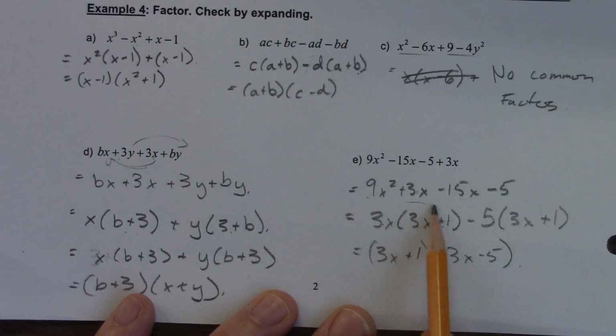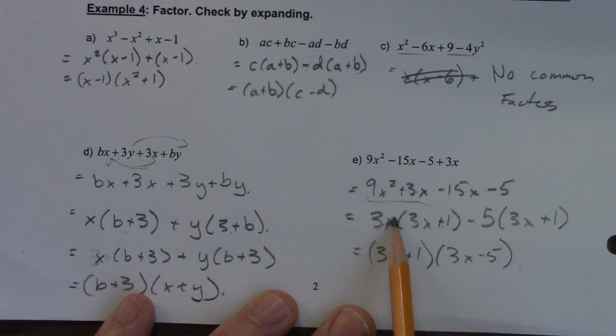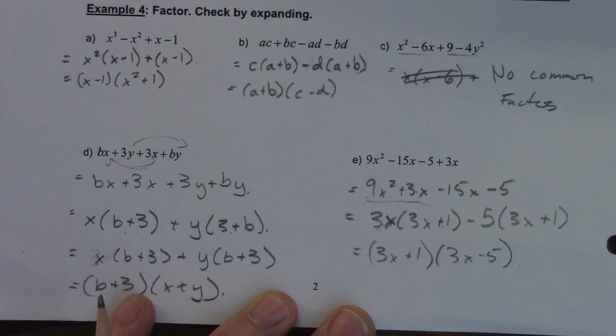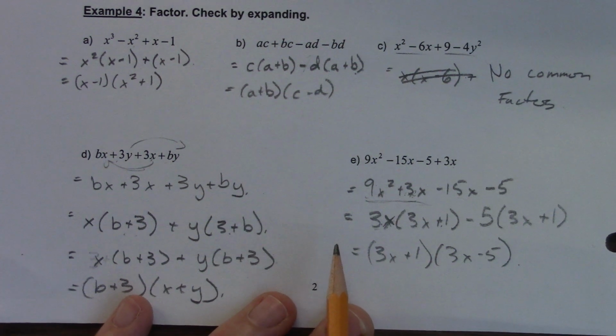I'm dividing both of these terms by the greatest common factor between them, which is 3x. Do you see that? How is it 3x? Because it's the biggest number that goes into both is 3, and x goes into both, 3x. See?